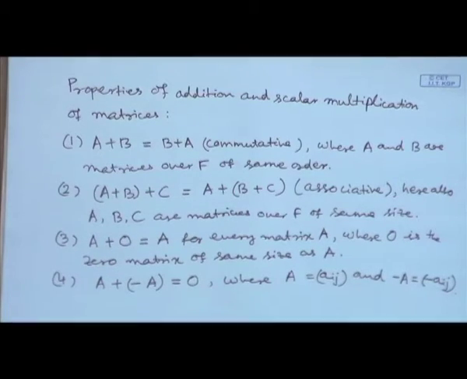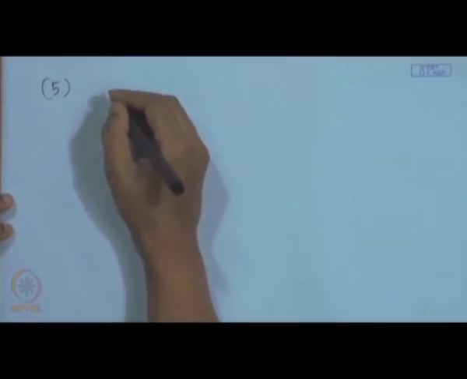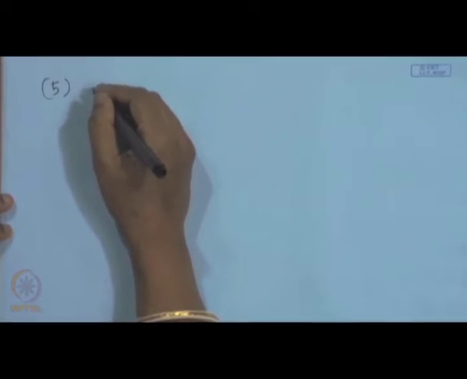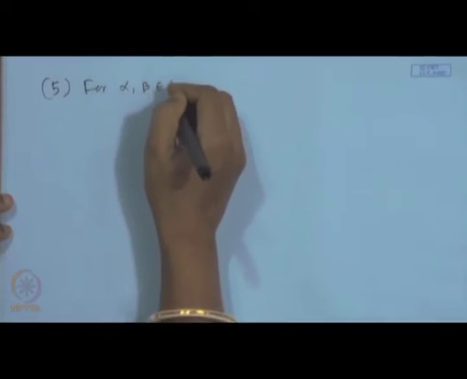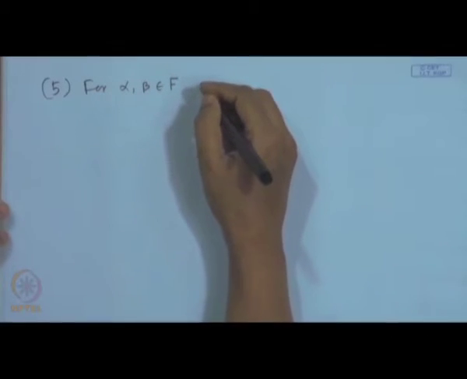Next we will have some properties of scalar multiplication, that is the fifth property. For scalars alpha and beta in the field, elements of this field F are of course called scalars.